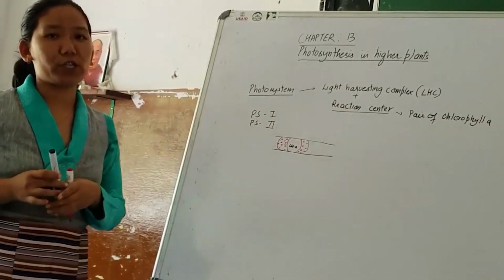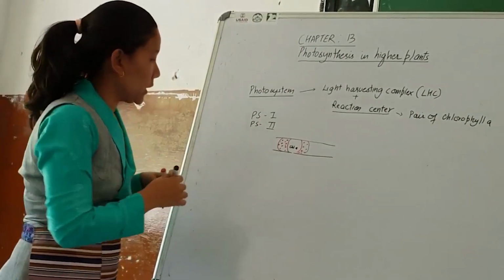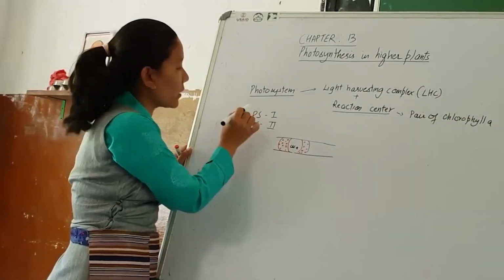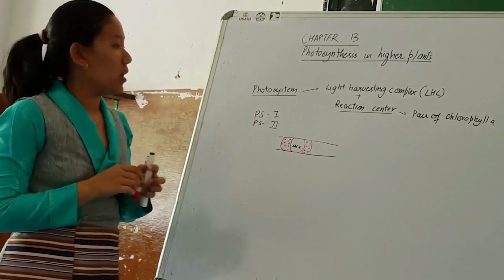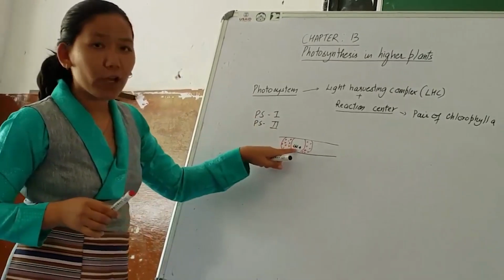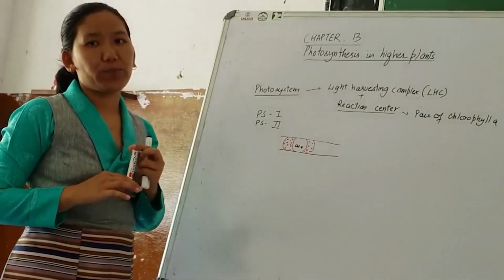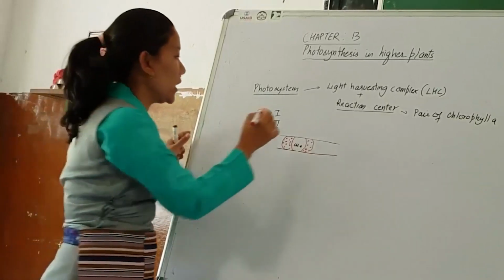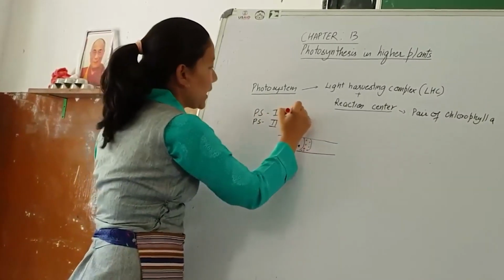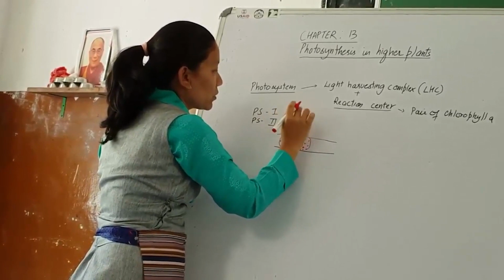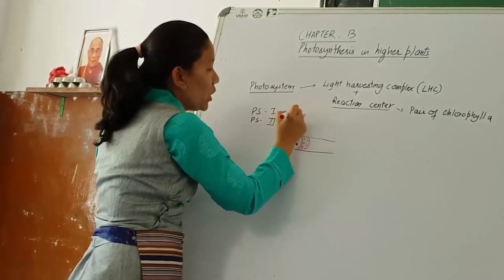Now how are they different? It differs at the reaction center. In the case of photosystem 1, the reaction center, that is chlorophyll A, the maximum absorption occurs at 700 nanometer.